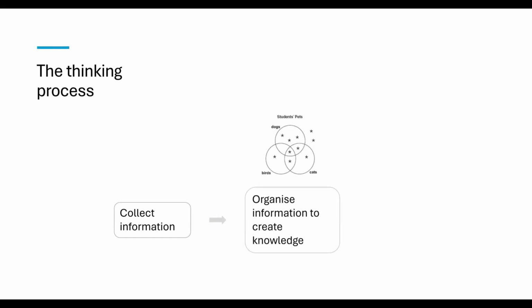Now, this takes us to the idea of the thinking process. I have been talking about that. So by now, you know what it is. The first step is you collect the information. The next step, you organize the information to create knowledge. And then after that, you can use the knowledge to make useful conclusions. You can answer questions.